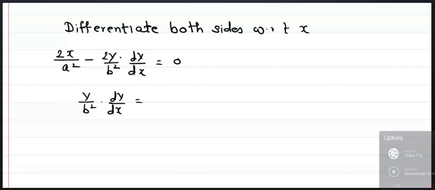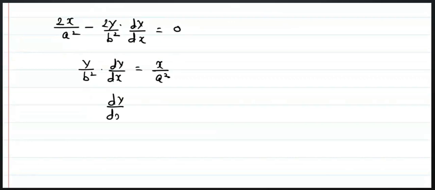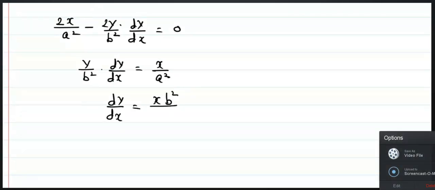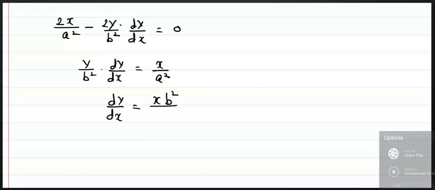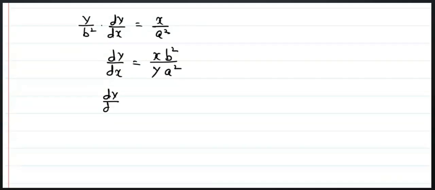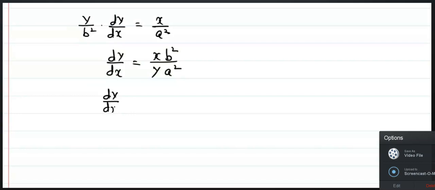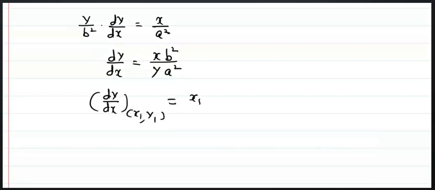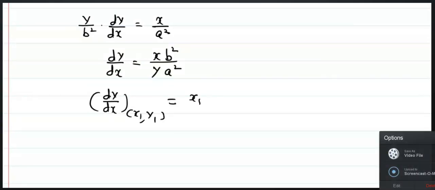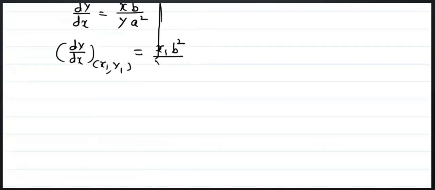Therefore, dy by dx is equal to x b square upon y a square. This is dy by dx at the point x1 y1, that is x1 b square upon y1 a square.